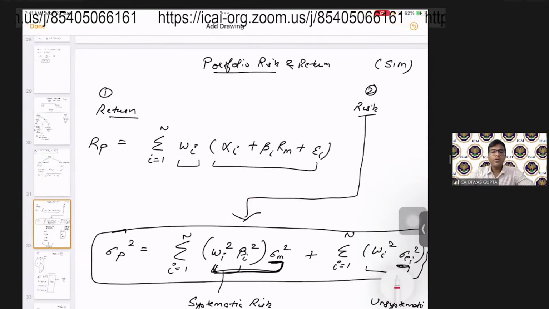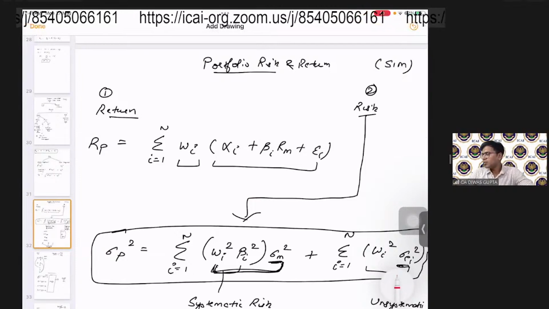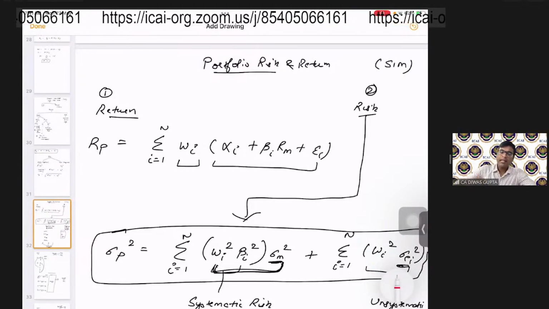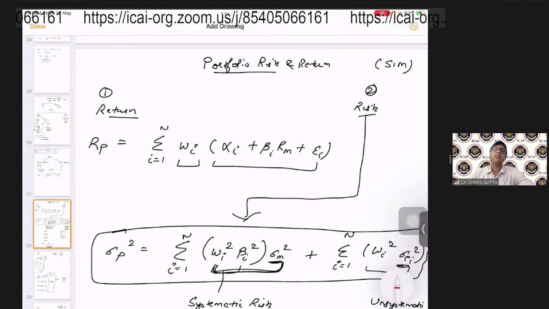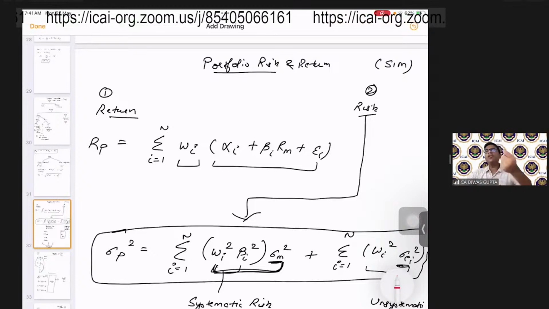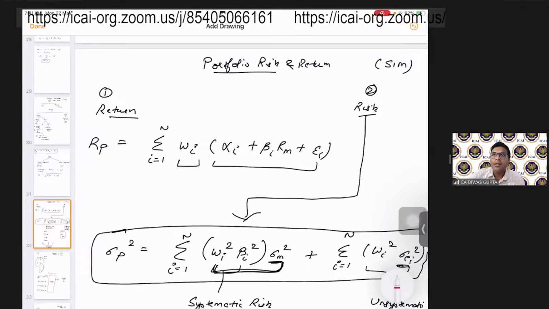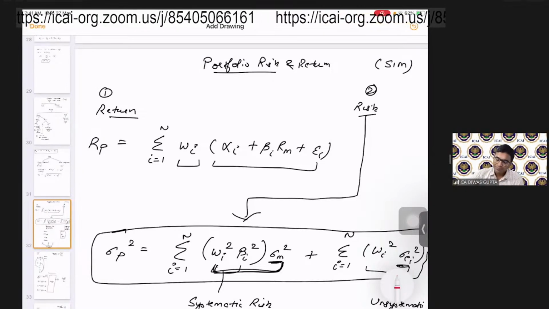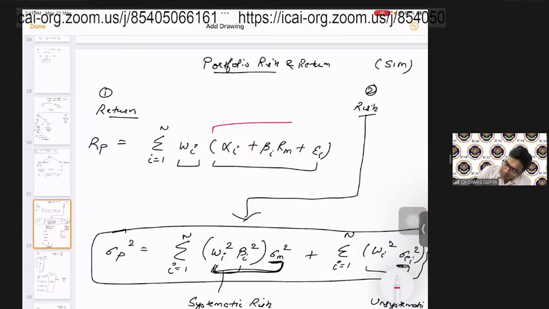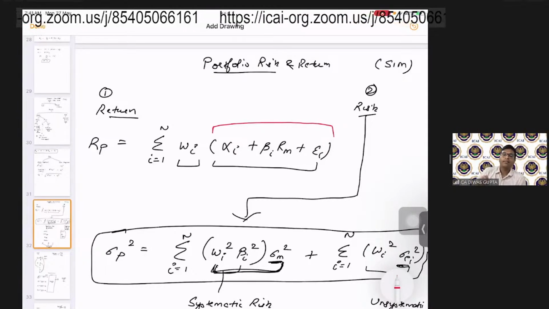Now let's come to the portfolio risk and portfolio return, students. This is again as per the single index model, or let's say Sharpe's index model. Let's talk about the return first. How will you calculate a return under the Sharpe's index model? Simple. We know what a security return is.